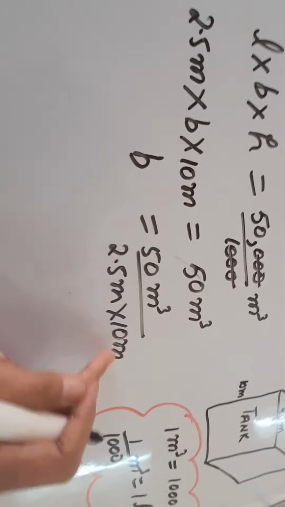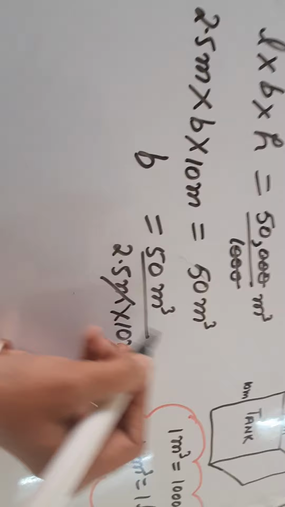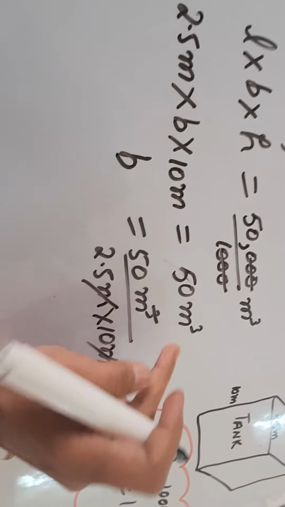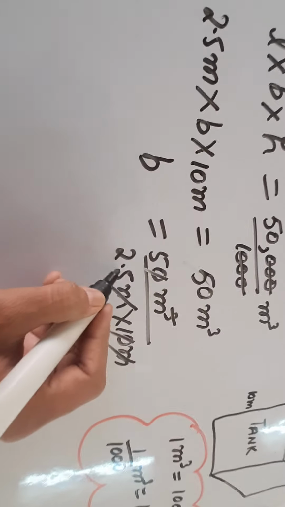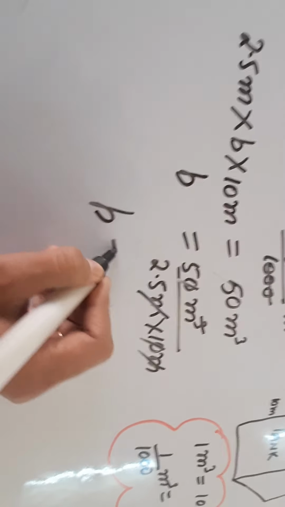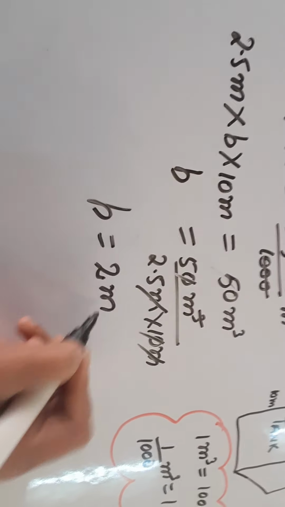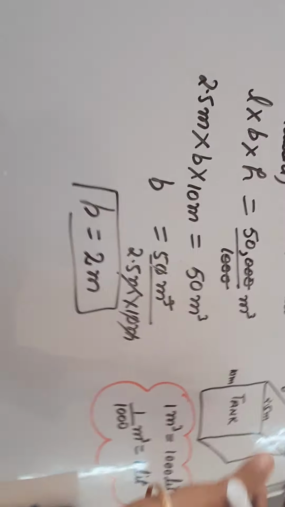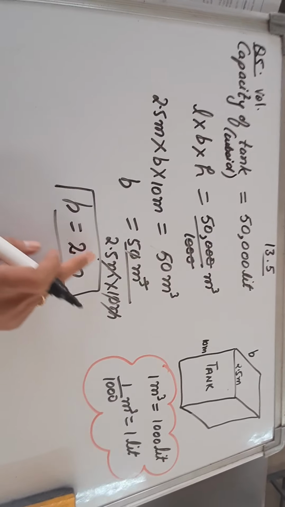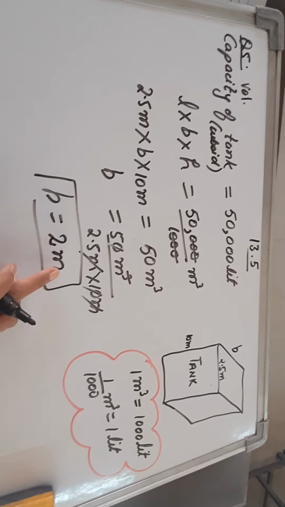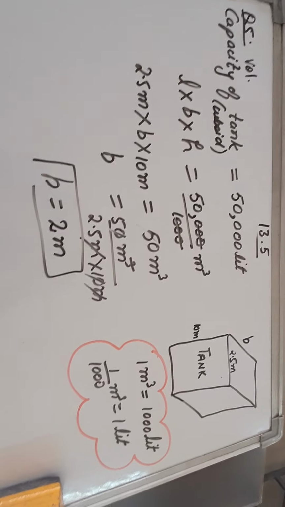As you can see, there are 2 meters, means meter square will cancel out with 2 and 1 meter will be left. So by solving it, what do we get? We'll get B is equal to 2 meters. As this is the length, this is one side, so obviously its unit will be the single unit, that is meters.